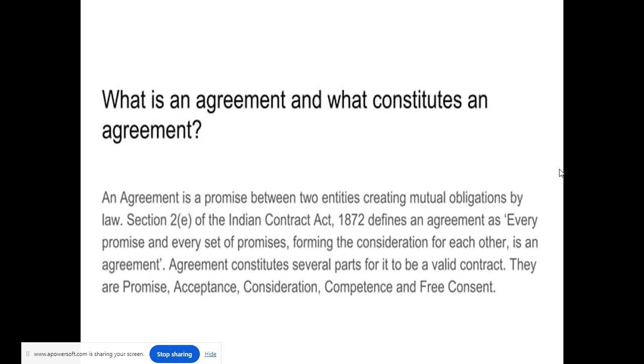So an agreement is basically offer and acceptance. In simple words, an agreement is made only when one party makes a proposal or an offer to the other party, and the other party accepts the proposal.